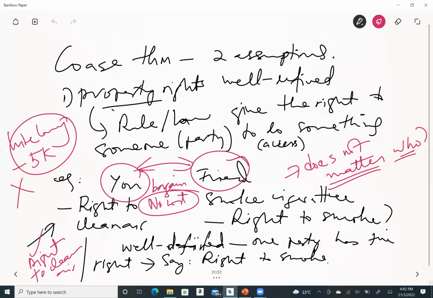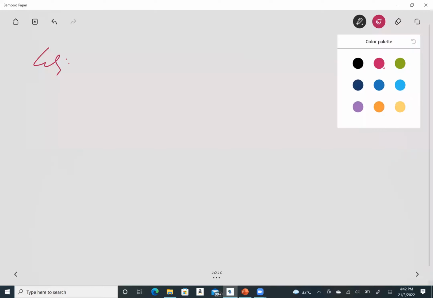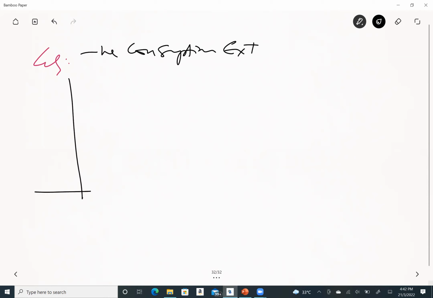So look at the negative consumption externality. If I draw the diagram, the diagram will show you how we do the bargaining.